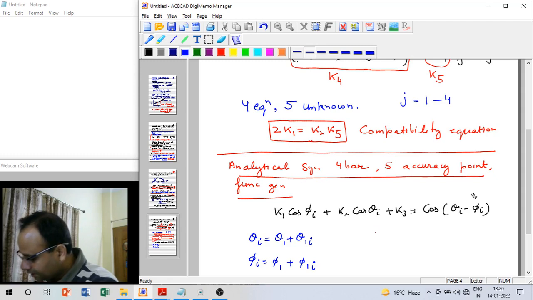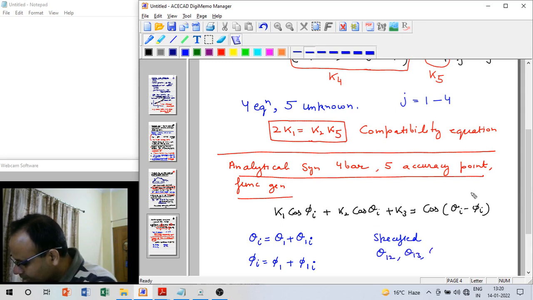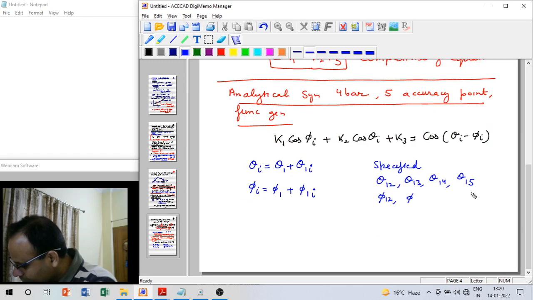Okay. And what is specified in the problem is theta 1 2, 1 3, 1 4, 1 5 and phi 1 2, 1 3, 1 4 and 1 5. Okay, this is what is specified.